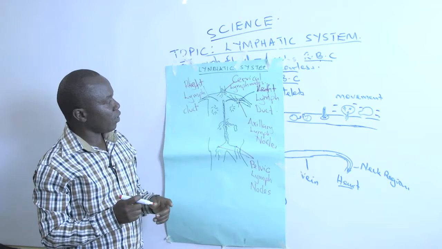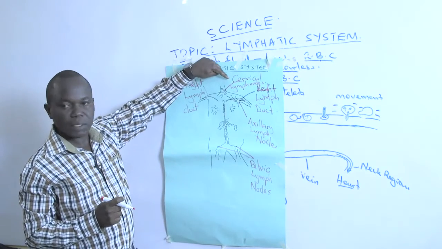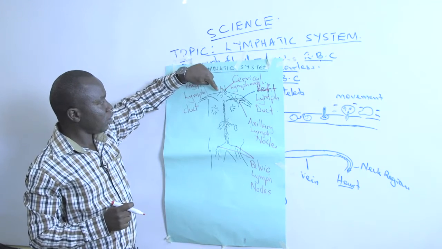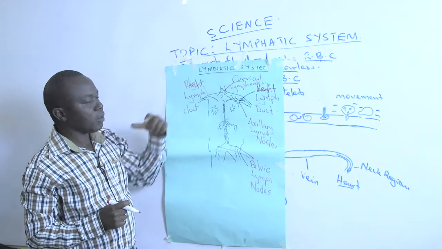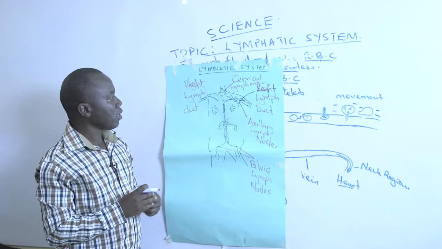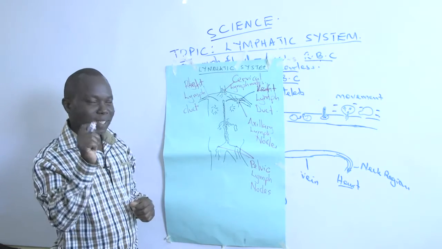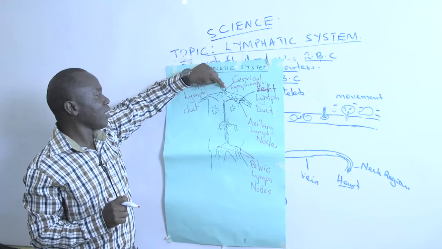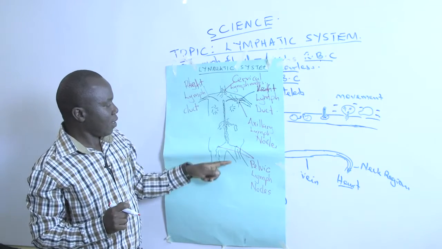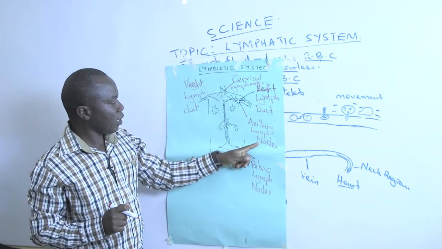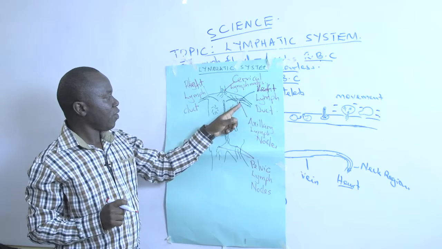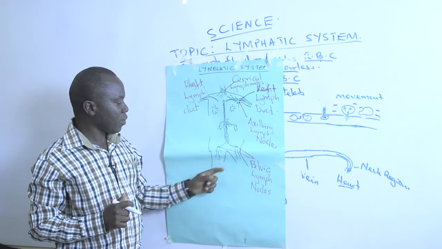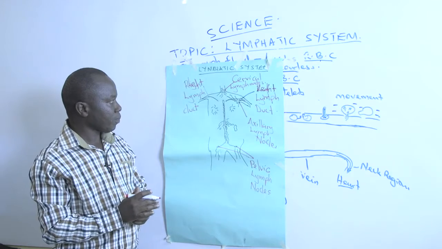And then we have lymph nodes. We have 3 types. Cervical lymph nodes, as from the diagram, are found in the neck region. And then we have axillary lymph nodes found in the armpits. And then pelvic lymph nodes found in the pelvic region.